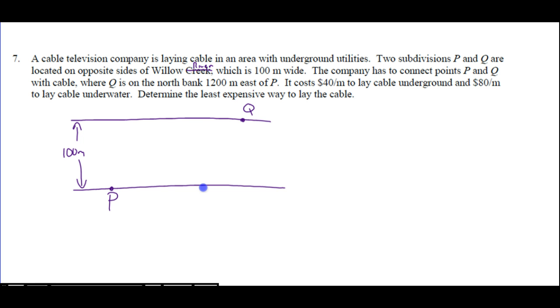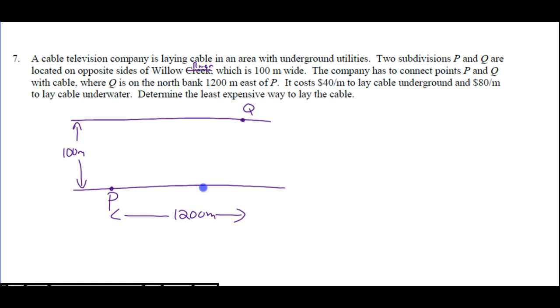And we've got points P and Q. And we know that this distance is 1,200 meters. We know that distance is 100 meters, and it costs $40 per meter to lay cable underground and $80 per meter to lay cable underwater. Determine the least expensive way to lay the cable.